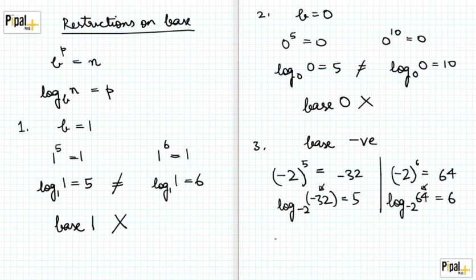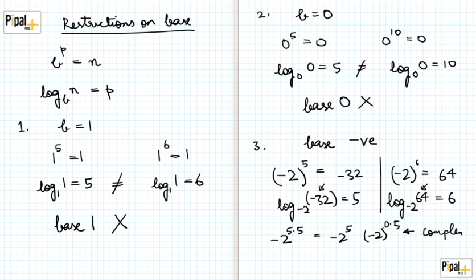The problem will start to arise when, let's say, I have something like minus 2 to the power 5.5. Now this essentially means that I have minus 2 to the power 5, which I can compute, but we are left with minus 2 to the power 0.5, which becomes complex, right? So this is again a problem area for me.